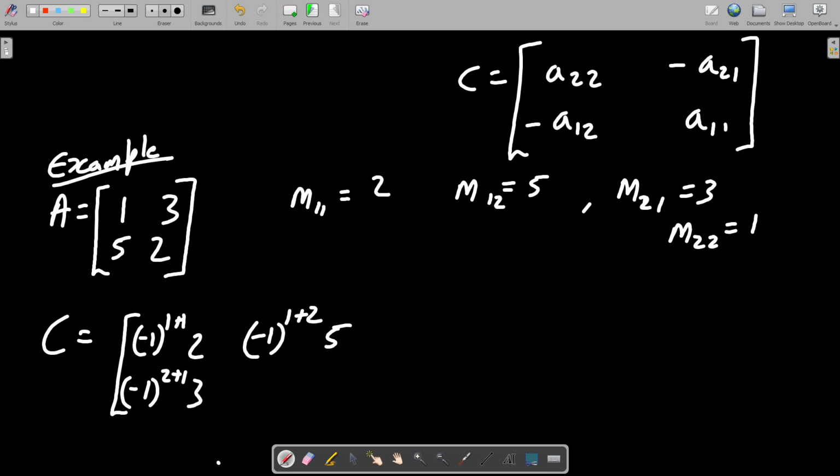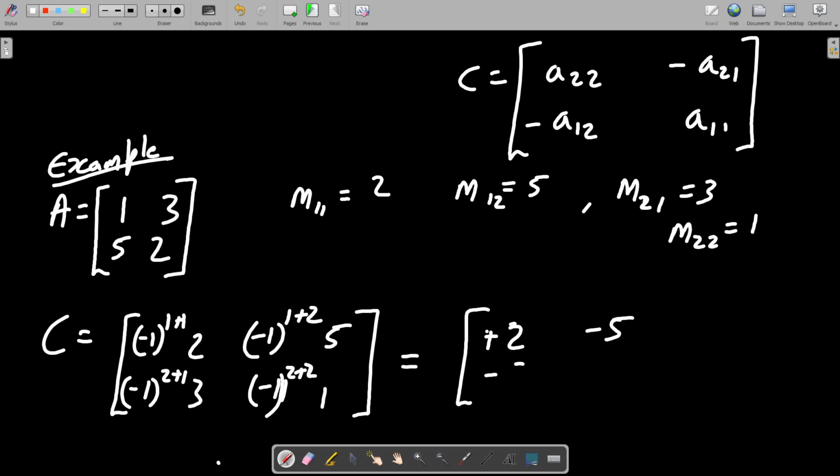This will be equal to 3. And this will be minus 1 to the power 2 plus 2 into 1. So this will leave us with plus 2, minus 5, minus 3, 1.